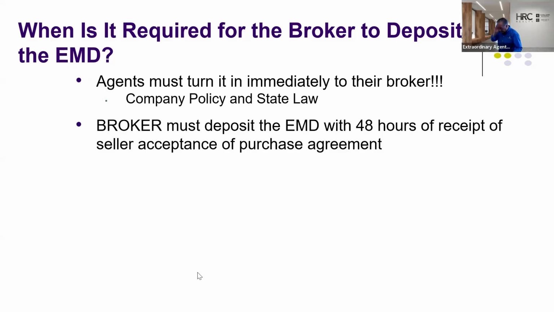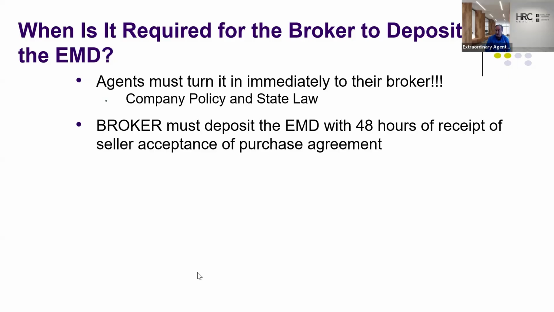Okay. So from me, I'm the listing agent. It says that you have this money. If you're living up to the terms of the agreement, how do I know that that earnest money deposit is there? Show me a receipt.